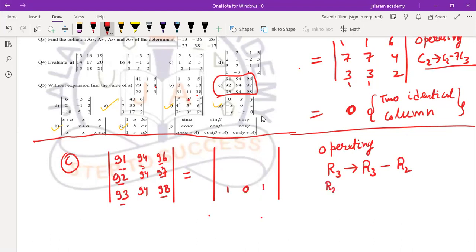Again, R2 is operated as R2 minus R1. So 92 minus 91, 1. 94 minus 94, 0. 97 minus 96, 1.